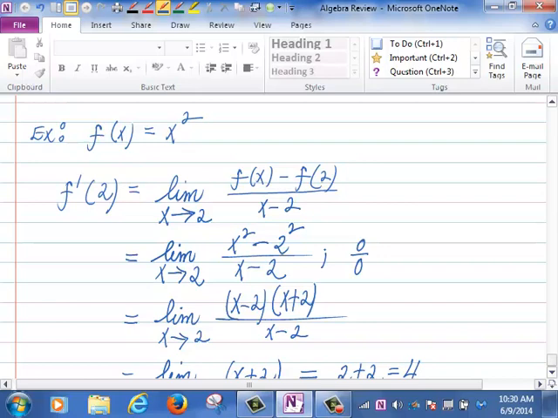In the definition I said the derivative of f at a number a is given by this for any a. So if a is 2, then the derivative at 2 is given by this. What's the derivative at 3? What's the derivative at any other number, right? So I wrote a generally, but we can find the derivative at any number by using that limit.